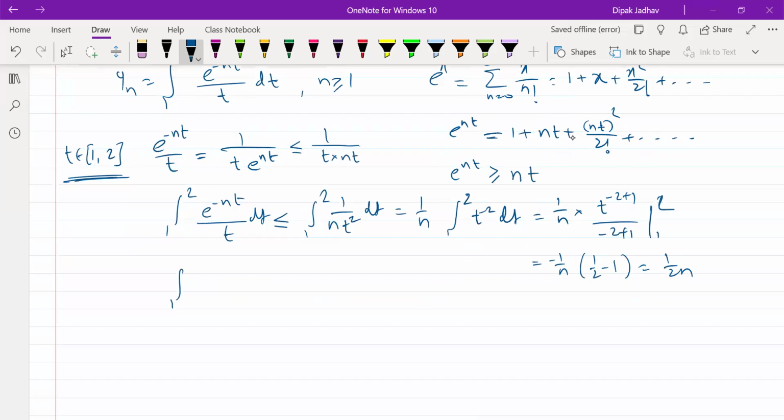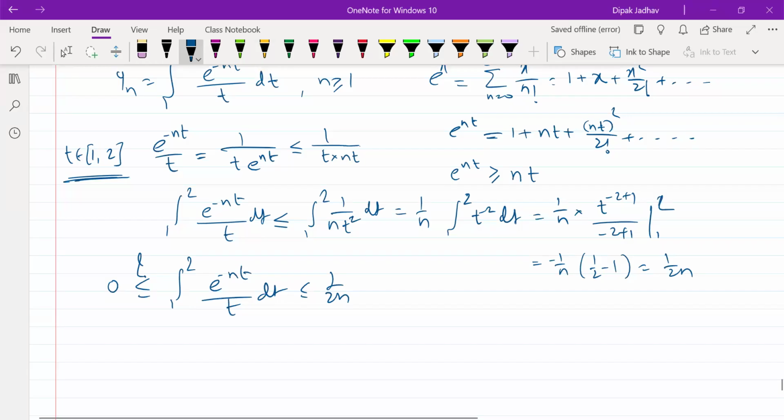So we got the integral from 1 to 2. Can I say this is also greater than or equal to 0? Can I say the value of the integral is greater than or equal to 0? What will be the argument for this integral being greater than or equal to 0?